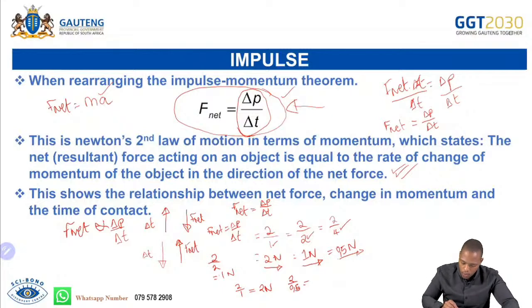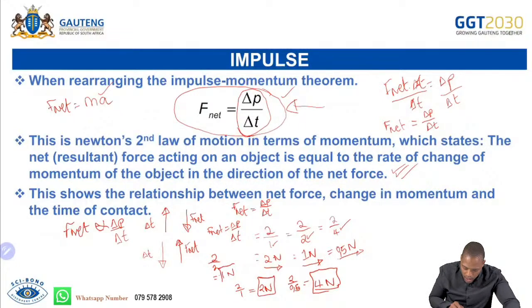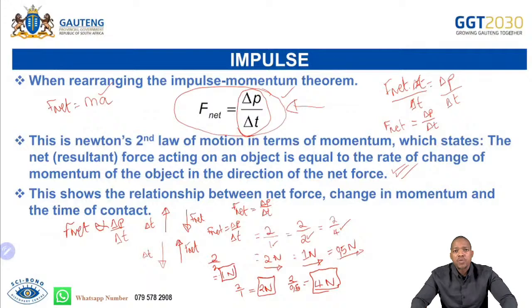If we say 2 over 0.5 seconds, what are we going to get? We are going to get 4 newtons. As you can see, if we decrease the time, what happens to the force? The force keeps on increasing. These are my forces. If we decrease the time, the force keeps on increasing. The force depends on the time. It's very, very important that we understand.